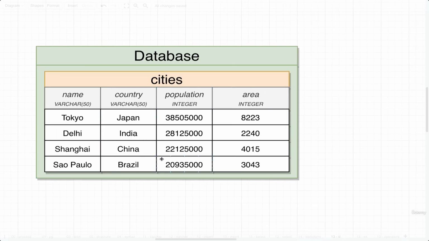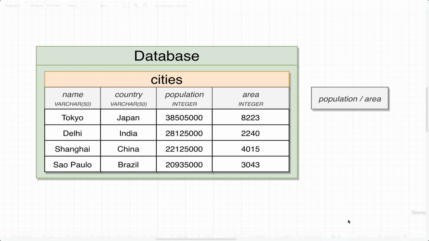So if we think about our cities table right now, you'll recall that we have population and area in here as columns. There might be a really useful metric that we could try to calculate for all these different cities. Maybe we could try to find the population density of each city, which would be defined as each city's population divided by its area. That would give us the population density, the number of people per square kilometer in this city.